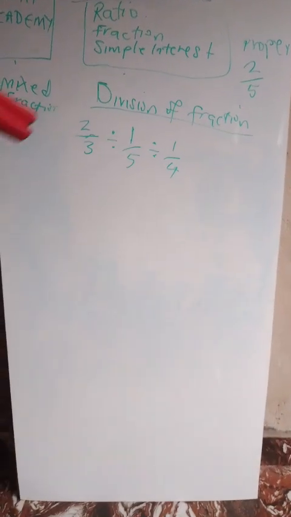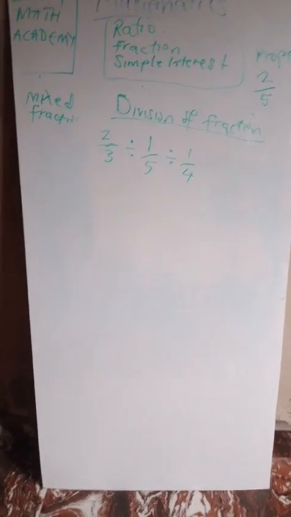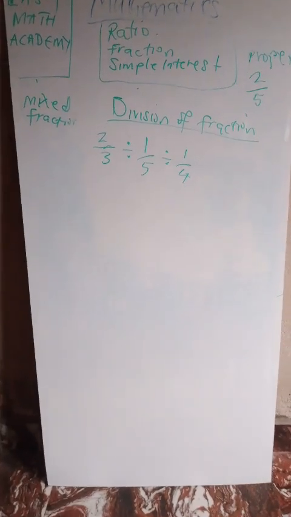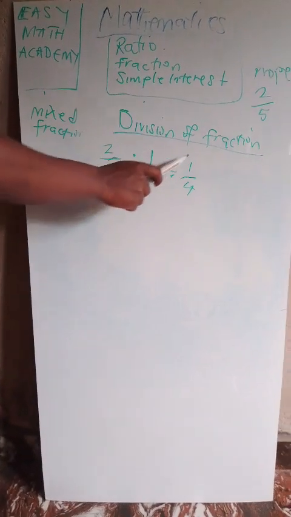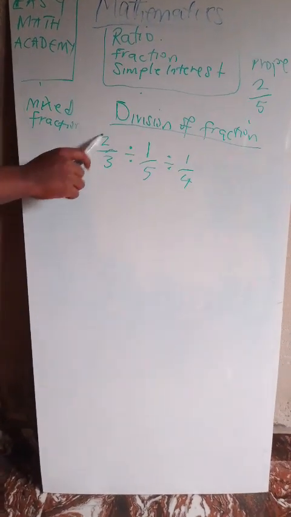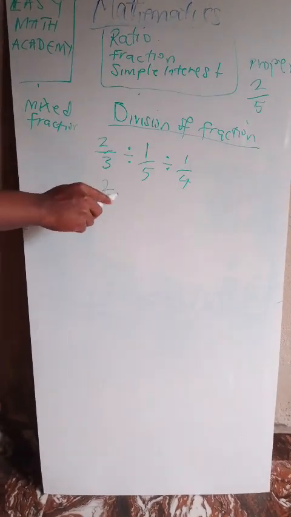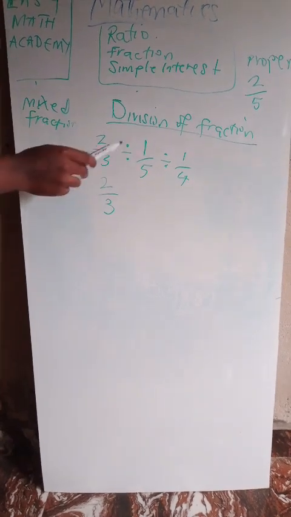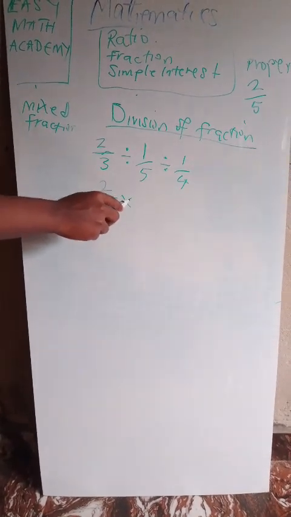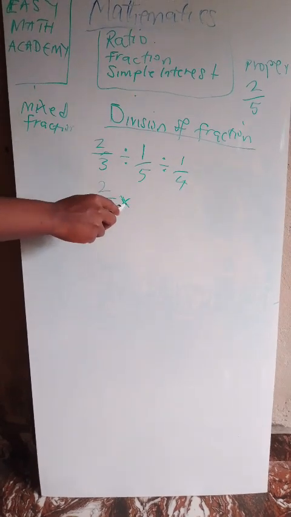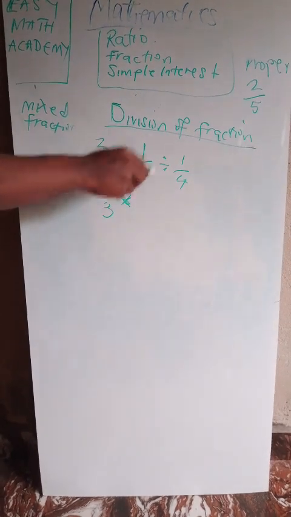Easiest way to solve a division of fraction. This is the most simple and easiest way to solve fraction. So first thing to do, we call this type of fraction proper fraction. So we bring down this 2 over 3. Then we change this to times. So whenever we change it to times, we are going to turn this upside down.